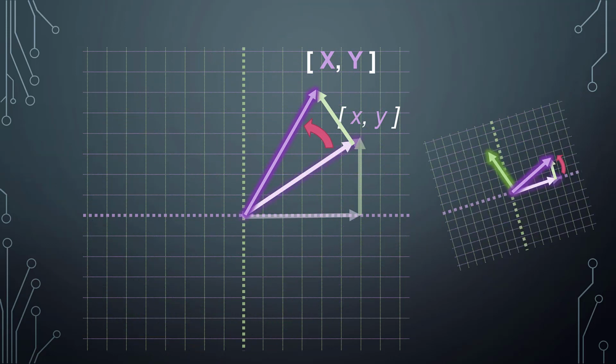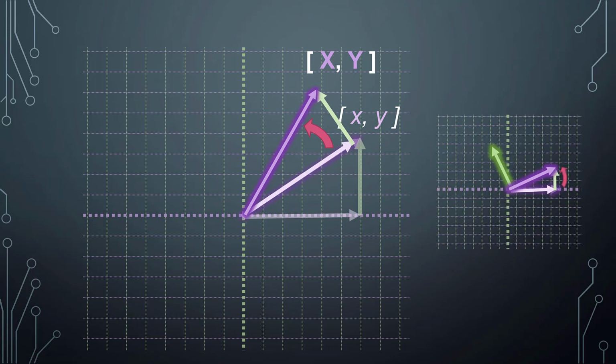Let's put it on the side here and rotate it to see it clearly. So this is the delta rotation that we're applying onto the first purple vector that represents the first rotation.